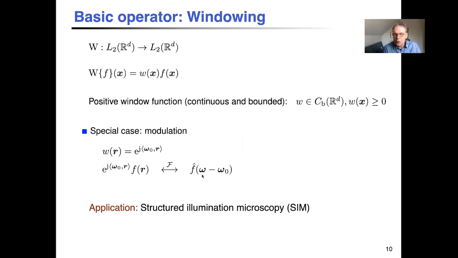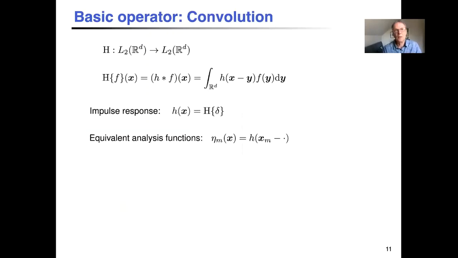And this is used a lot, not only for MRI, but also in optics, for example, for structured illumination microscopy. That one is really modulating the specimen with a sinusoid of light to actually shift the Fourier transform.